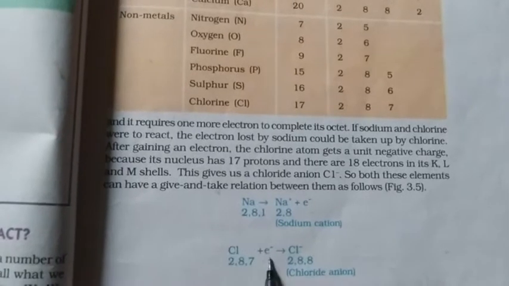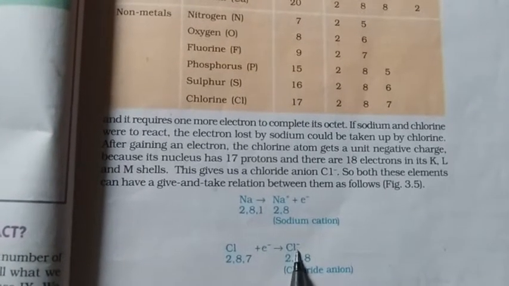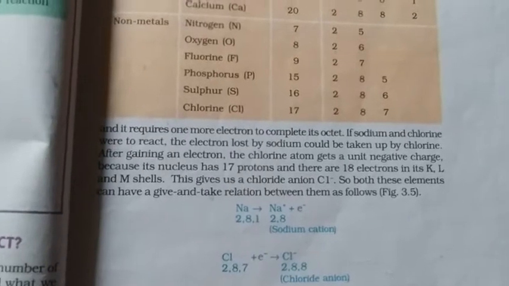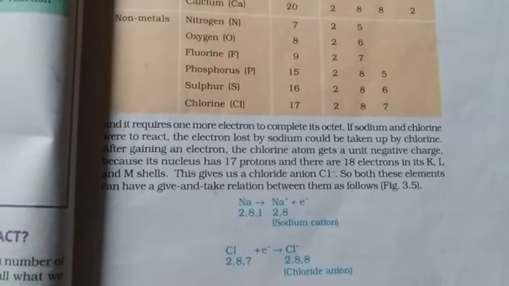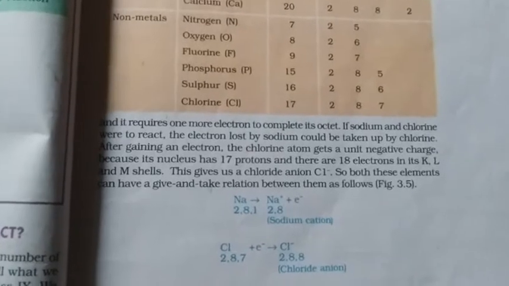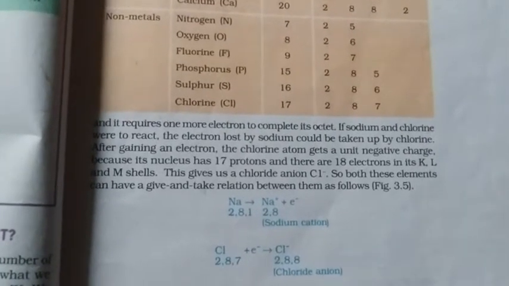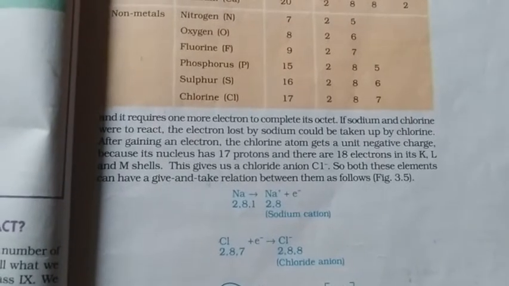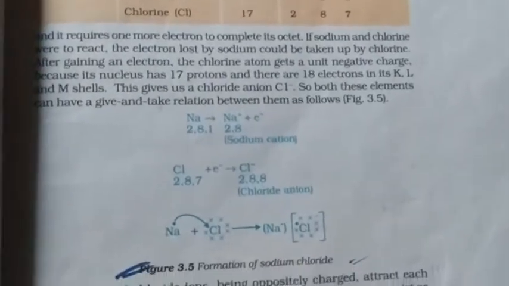So chlorine will accept 1 electron to form the chloride ion, right? Which has the stable configuration. So ultimately both have the tendency to give and take. That means this give and take nature is found while discussing the formation of sodium chloride.